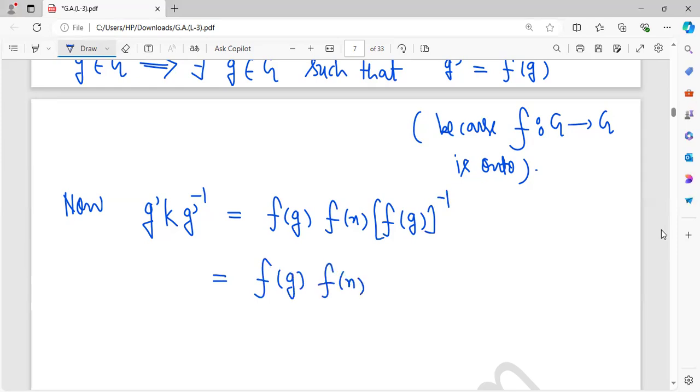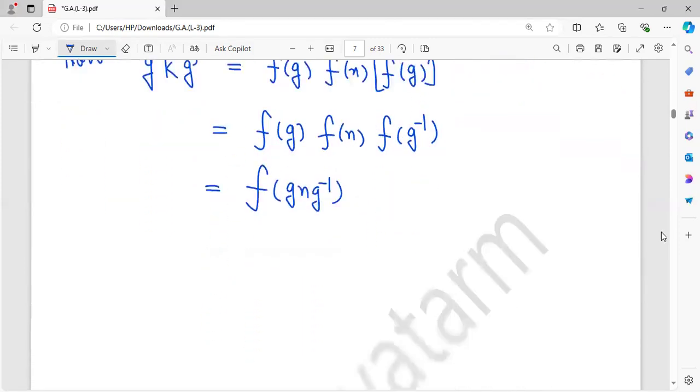So by the property of homomorphism, all these things will be inside. Where does it belong?